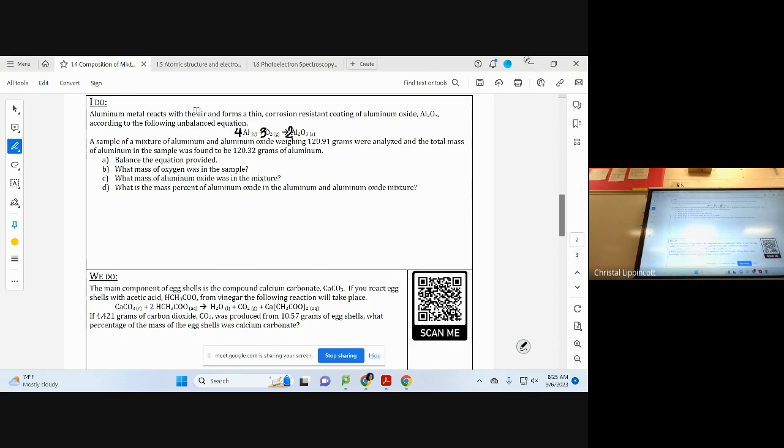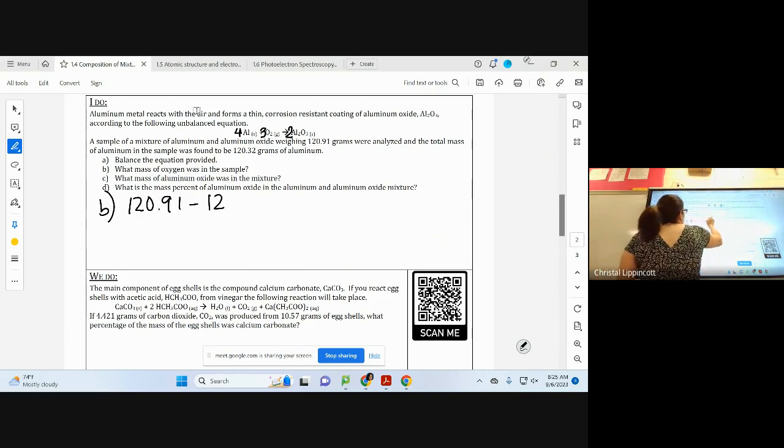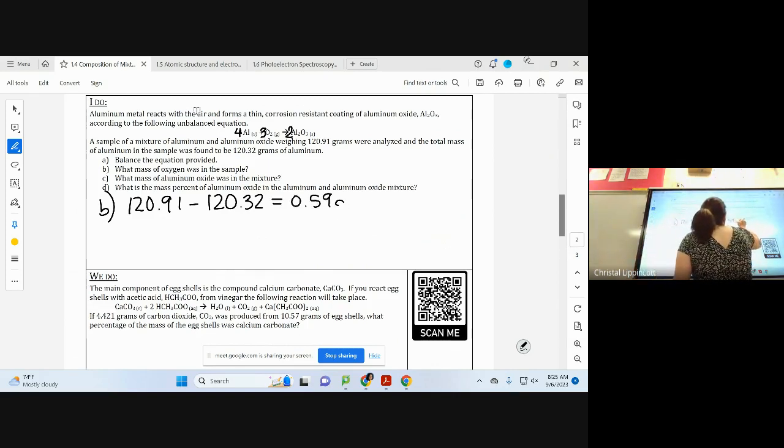So here's my B. I'm going to take the mass of the sample minus the mass of the aluminum, and that's going to give me 0.59 grams of O2.